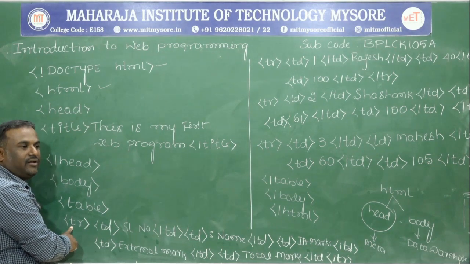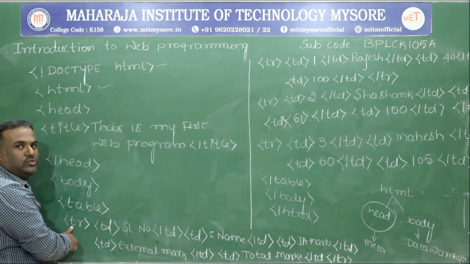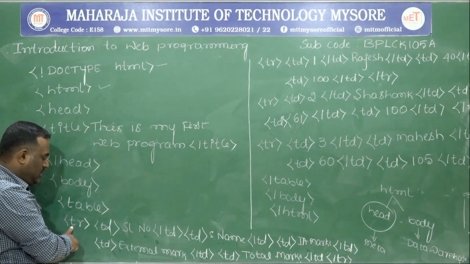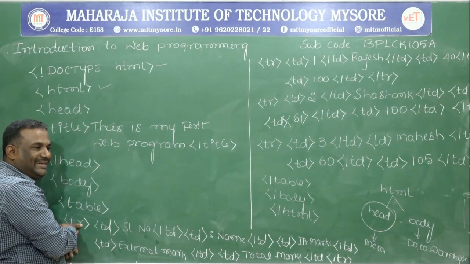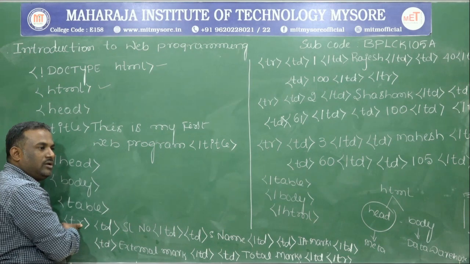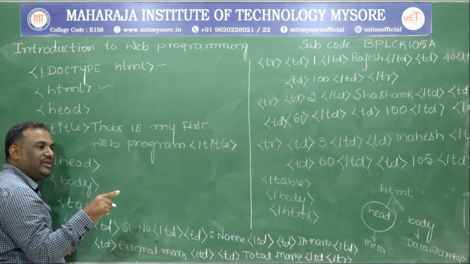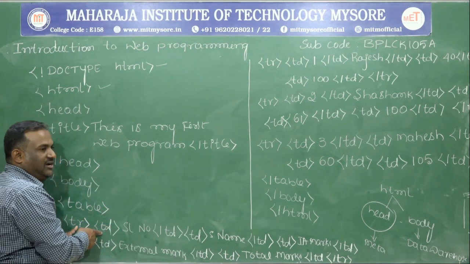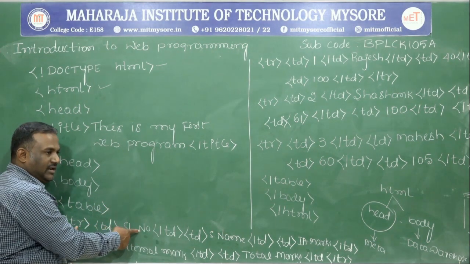Tr stands for table row. Using this tr, you are going to create the table row, and then after creating the first table row, we need to enter the data into the first row. The first data is serial number.